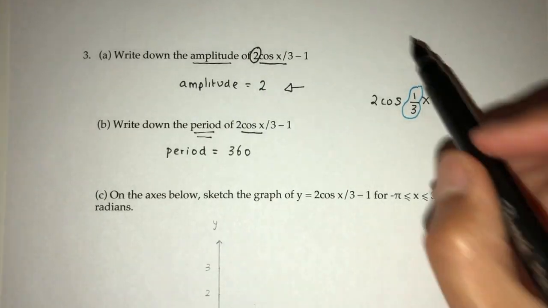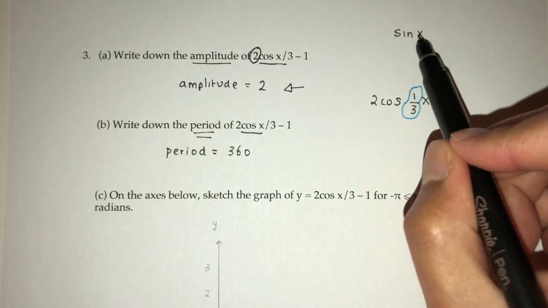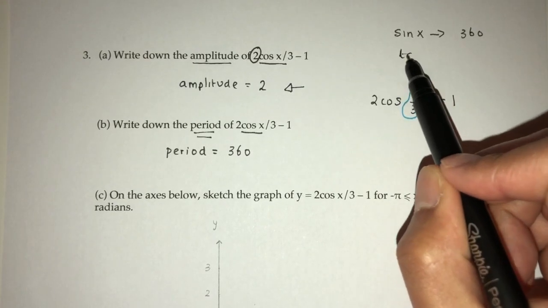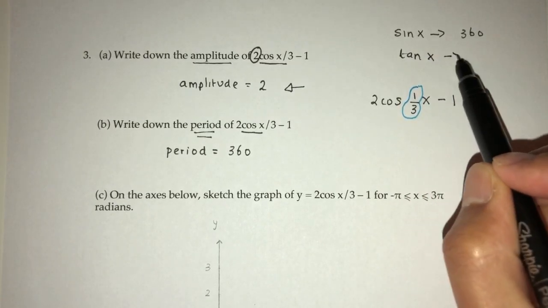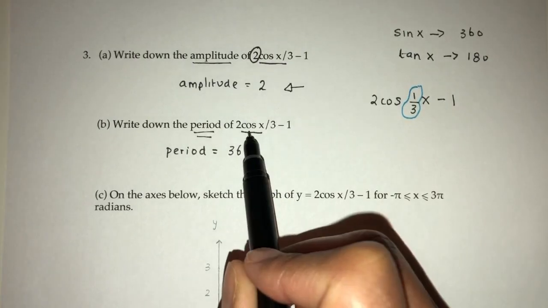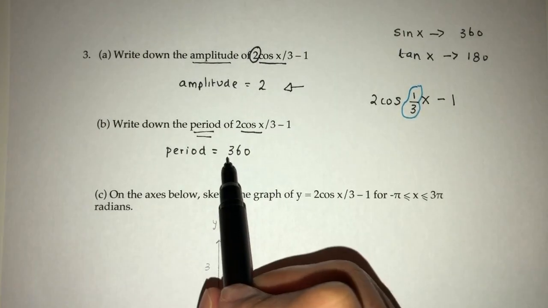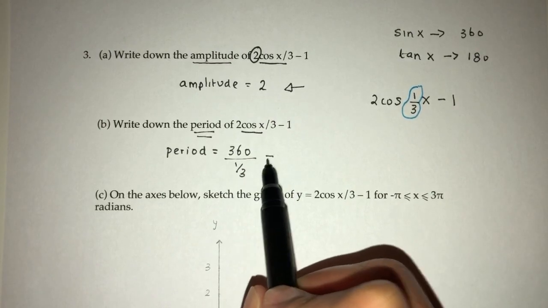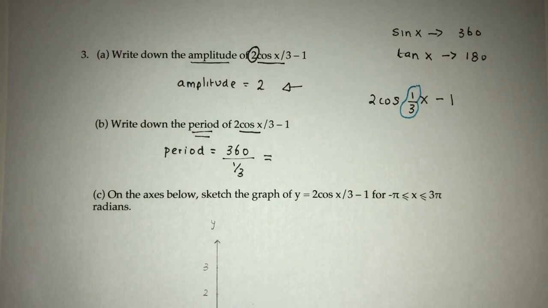When you have a sine function, you also use 360, but when you have a tan function, you will use 180. So right now we have cos, we have to use 360, divide by this value, which is 1 over 3.